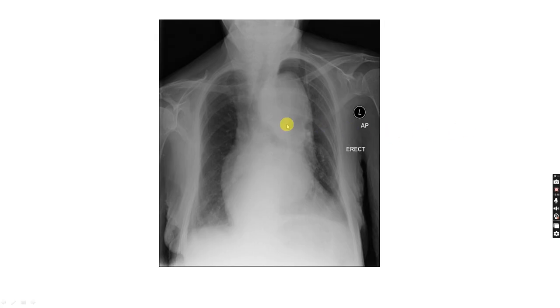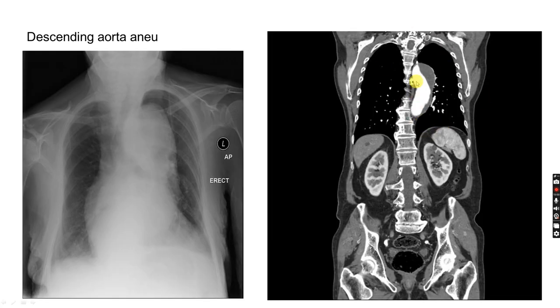Frontal chest radiograph showing mediastinal widening, and we can't see the descending thoracic aorta border. On coronal CT, we are seeing an enlarged descending thoracic aorta with also a hypodense filling defect. It is a thrombus. Descending thoracic aortic aneurysm.